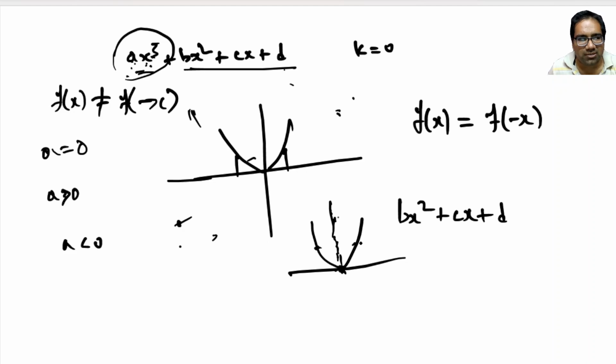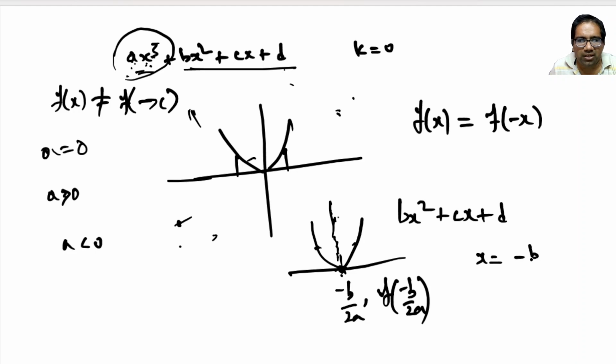So what is the vertex of the parabola? It is given by minus b by 2a, and that is the x coordinate, and whatever value of the expression at minus b by 2a, that is the vertex. Doesn't matter. So a line passing through the vertex will be x equal to minus b by 2a. That is the line.